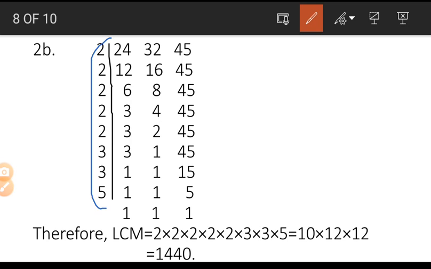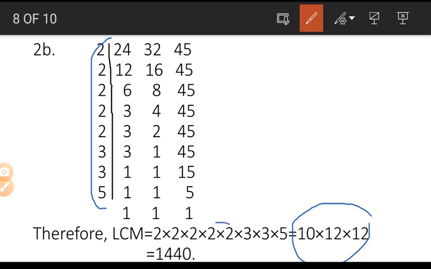I want you to see how we got these numbers. Then to get a 12, 2 times 2 is a 4, times 3 gives us a 12. That's 3 times 4, 12.